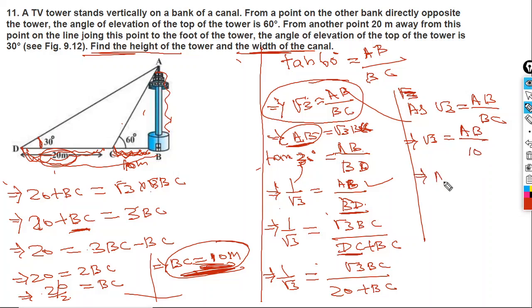Implies AB, after cross multiplication, will be equal to 10 root 3. So length of AB is 10 root 3 and length of BC is 10 meter. So here AB is the height of the tower, that is 10 root 3, and BC is the width of the canal, that is 10 meter. Okay, this is what we needed.